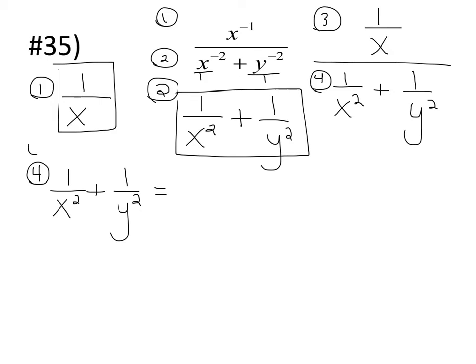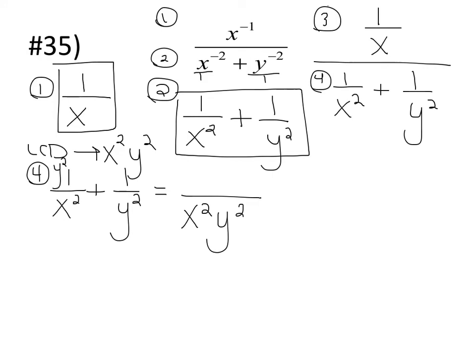So I need my LCD. I need an x squared represented, and I need a y squared represented. So my LCD is going to be x squared y squared. What is missing from this fraction that this one has? A y squared. What is missing from this denominator that this one has? An x squared.